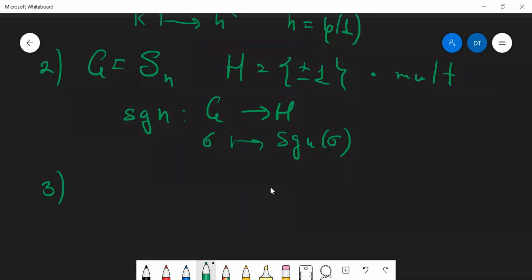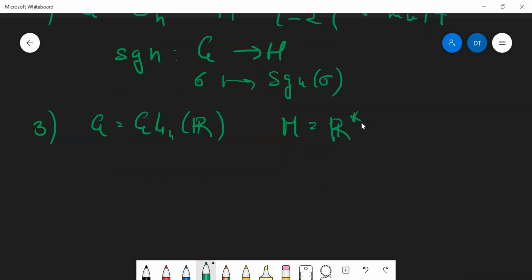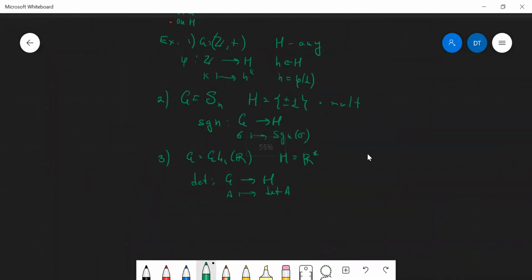And the third example, you already know: if G is GL_n(R), which is the group of all invertible matrices of order n with multiplication, and H is R star, which is the set of all non-zero scalars with multiplication, then the determinant, which is a map taking A to the determinant of A, is a homomorphism, which means that the determinant of the product of matrices is just the product of the determinants. So these are examples of homomorphisms.